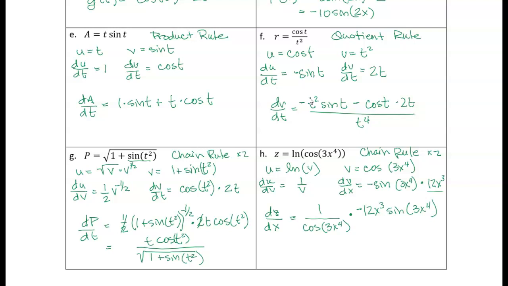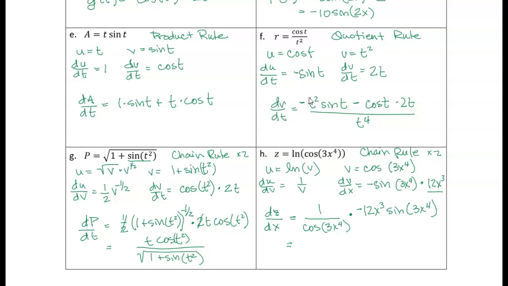And there you go. Now we could actually do some more simplification on this because I'm also seeing sine 3x to the fourth over cosine 3x to the fourth is tangent 3x to the fourth. So I could combine this so that 1 times negative 12x cubed sine of 3x to the fourth is all essentially the numerator.